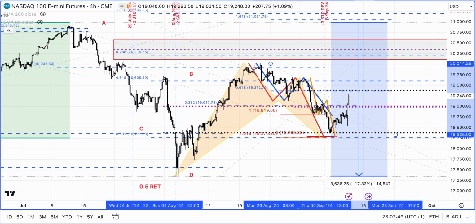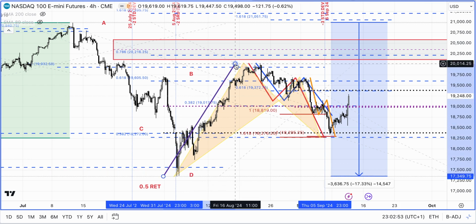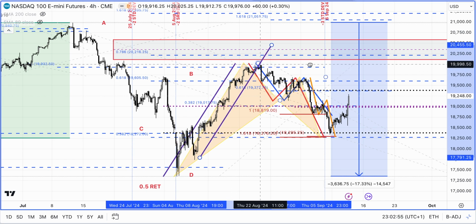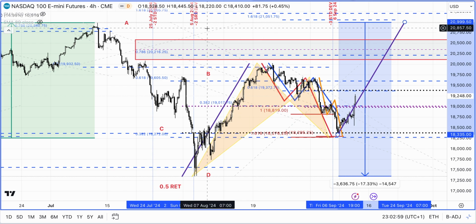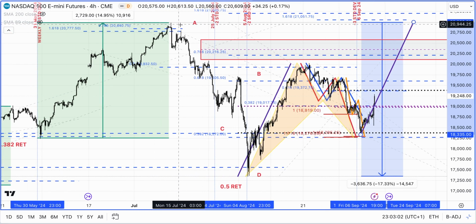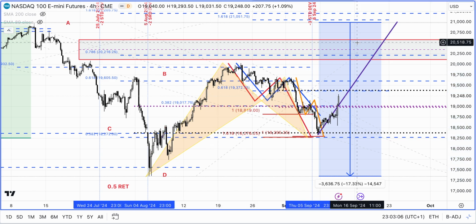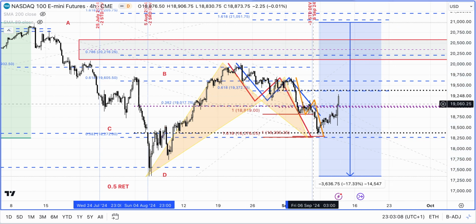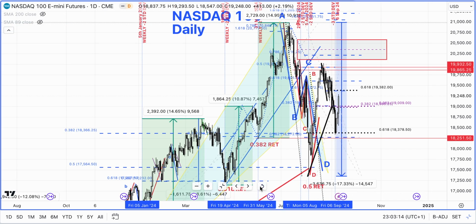The chances are it is likely to go there, and we are most likely in this ABCD formation like this, which could actually see this index go and retest these highs there. So I will wait for this one. I'm going to delete it for now because I want to see some of these resistances being taken out to the upside, so that's going to be really important.